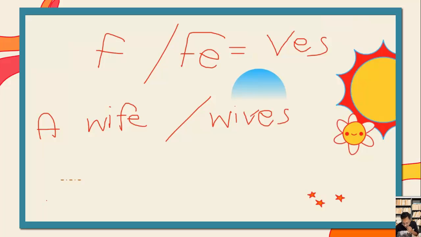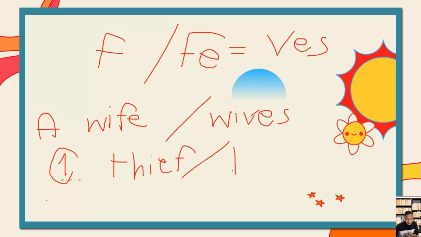Okay, look at question number 1, thief, โจร. ทำให้โจรเป็นหลายคนทำยังไง t h e เปลี่ยนจาก f เป็น v แล้วก็ put e s.